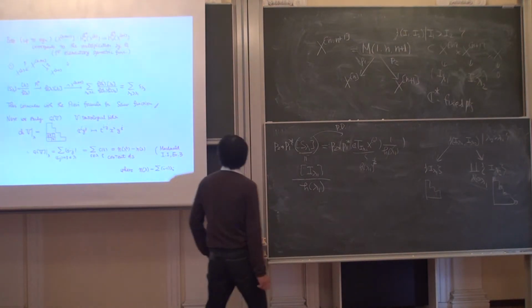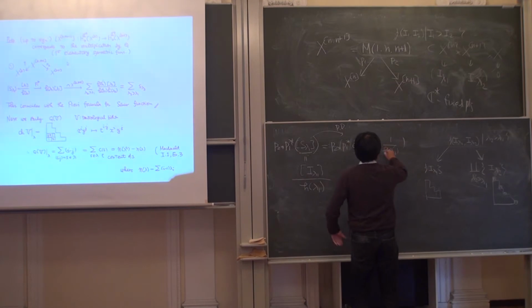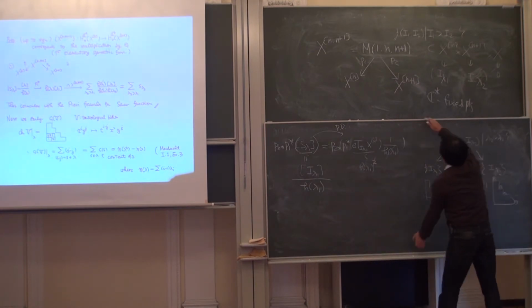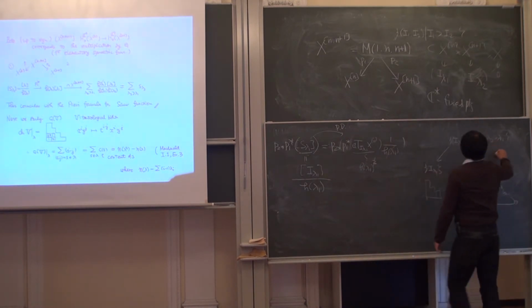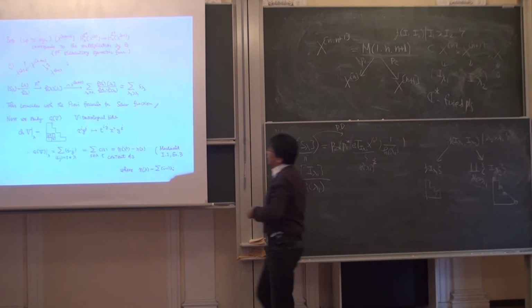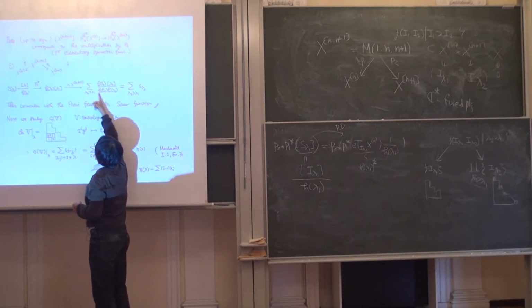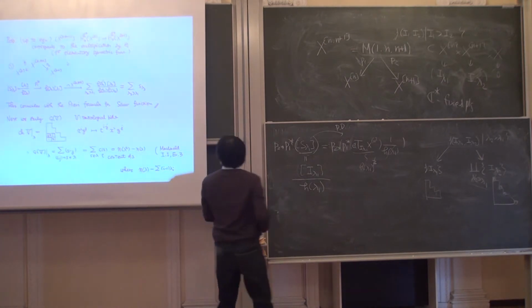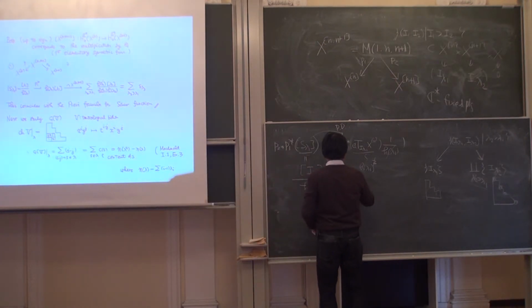But here, as a difference between this diagram and this diagram, I need to divide by the Euler class of the tangent bundle to that value submanifold when I take the pushforward in here. So that is a factor h lambda 1, h lambda 2, which I put in here. Then you get h lambda 1, h lambda 2.